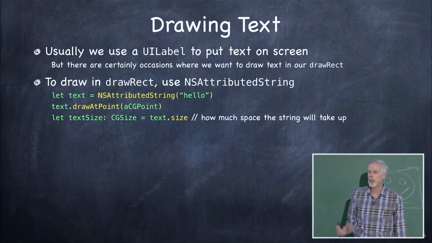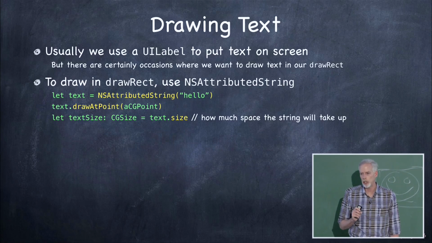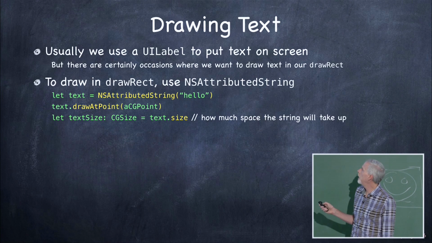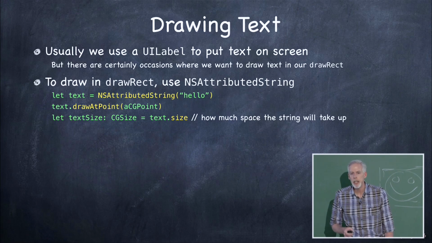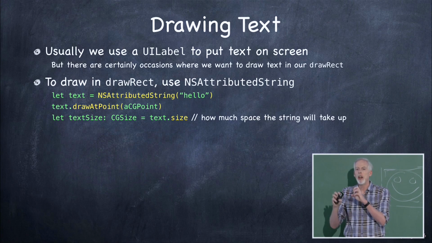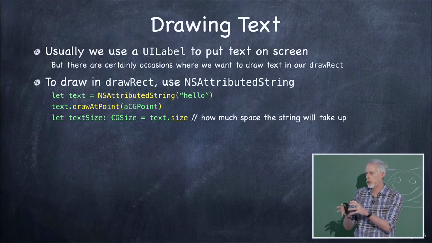The way you do that is with a class called NS attributed string. Okay, NS attributed string, and you create it by this constructor here. Usually you pass a string in here. What an attributed string is, it's a string that for every character has a dictionary of attributes that say how to draw it.